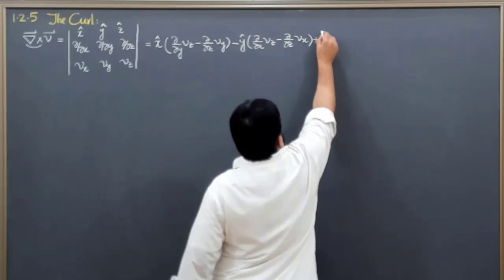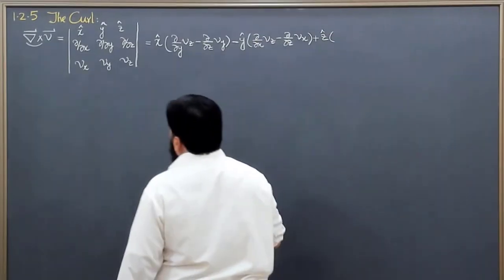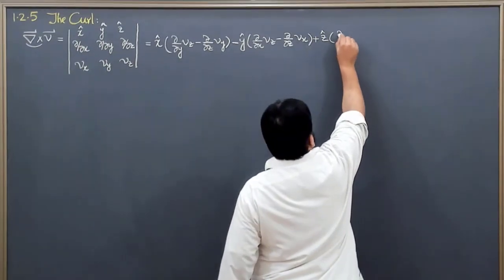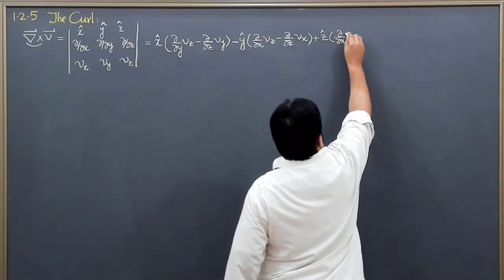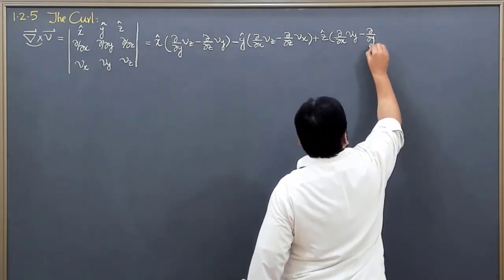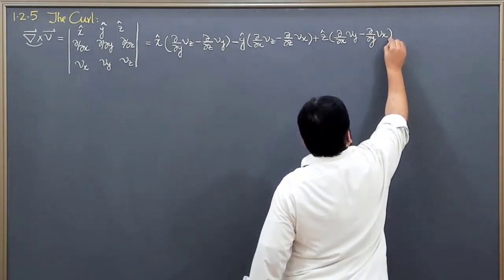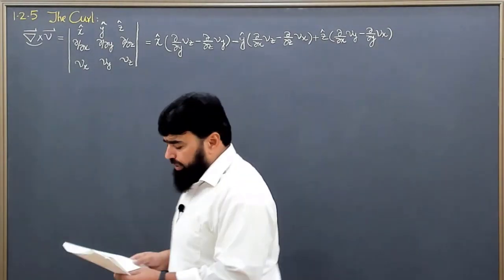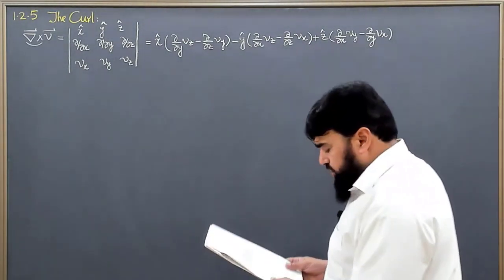Similarly, the third component, the z-axis, will be ∂/∂x of vy minus ∂/∂y of vx. So this is the expansion of del cross v.